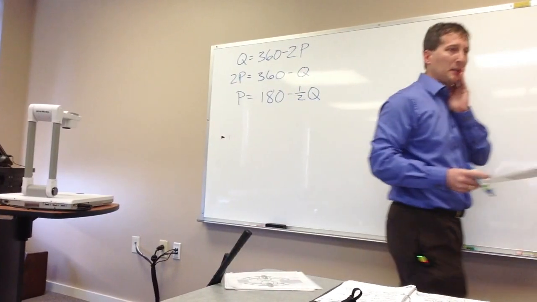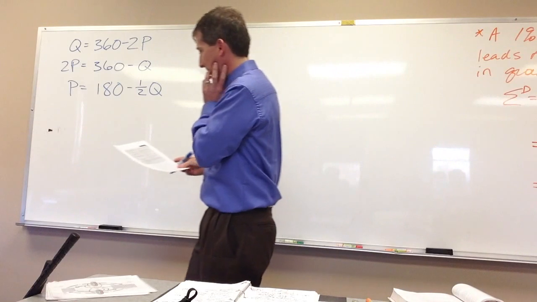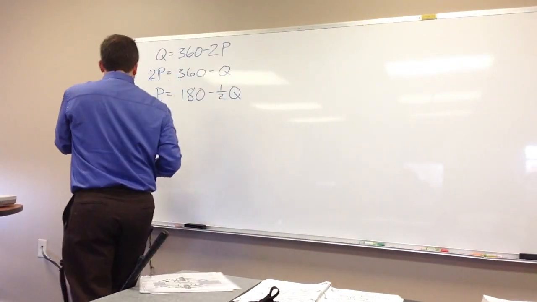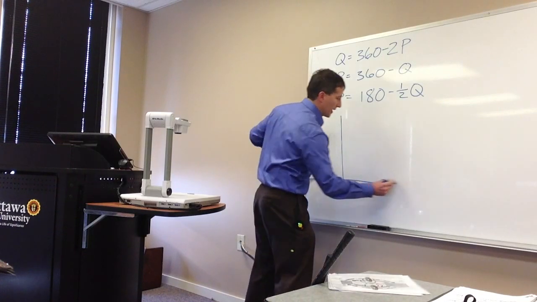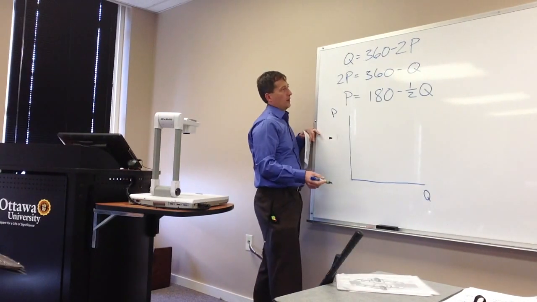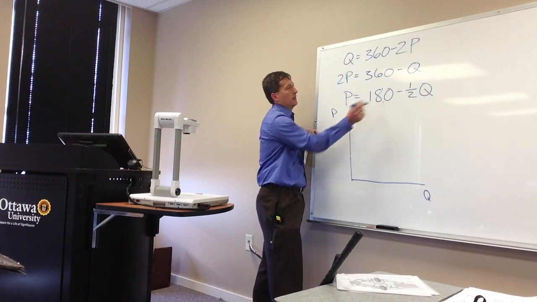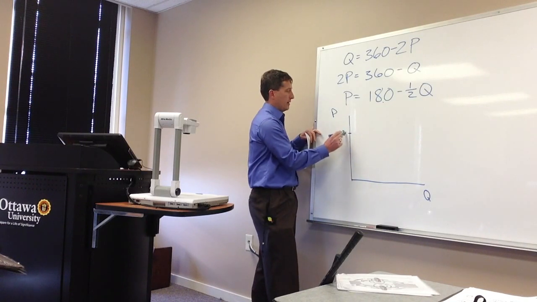Something looks like that. Now at this point, it might not hurt. This is not really asked for, but maybe it wouldn't be a bad idea to graph that inverse demand curve. So we've got slope-intercept form. We've got 180.